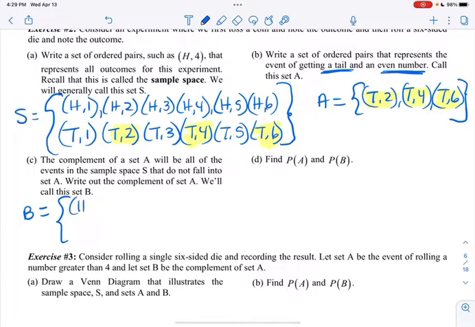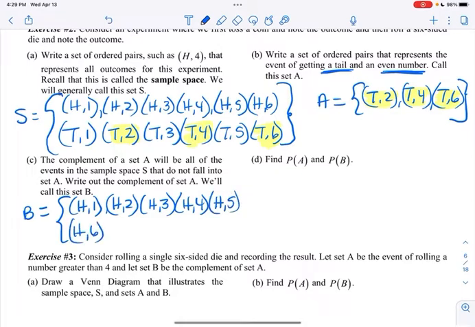So I have to again write all the head possibilities: head and a 1, head and a 2, head and a 3, head and a 4, head and a 5, head and a 6, and then the tails that are not an even number: tail and 1, tail and 3, tail and 5. So the complement is the opposite.